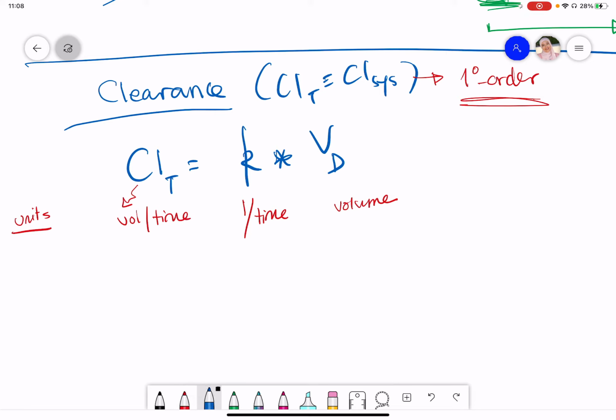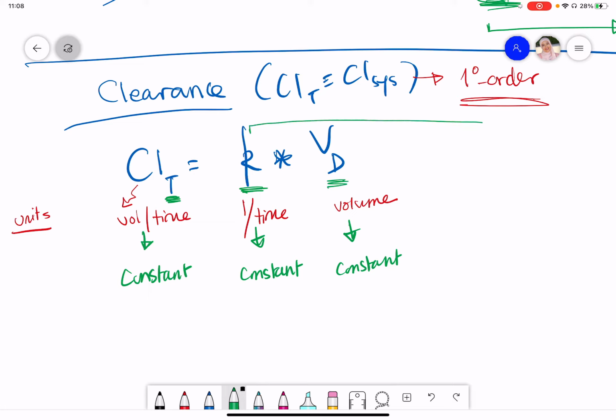We know that this is constant under first order kinetics, and we know this is constant for sure. So by default, clearance would be constant, right? So we can determine the total clearance by knowing the elimination rate constant and the volume of distribution. And we already know how to determine these, right? If you don't know, just review our previous videos related to the elimination rate constant.